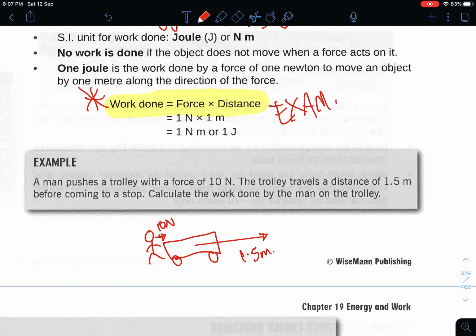So calculate the work done. Work done equals force times distance traveled in the same direction of the force. So it will just be 10 multiplied by 1.5, because distance is already in meter. You will get 15 joules.